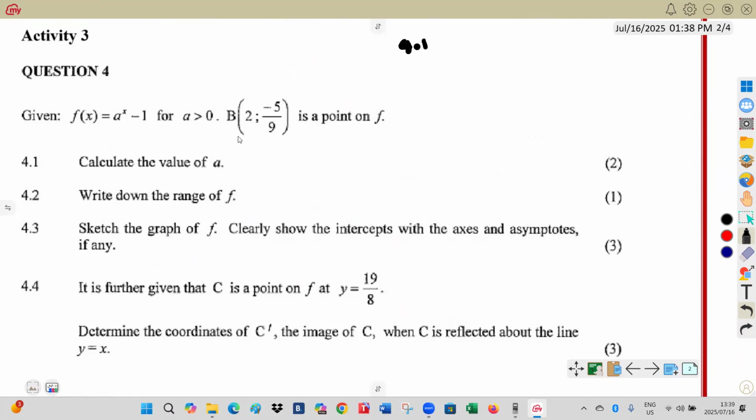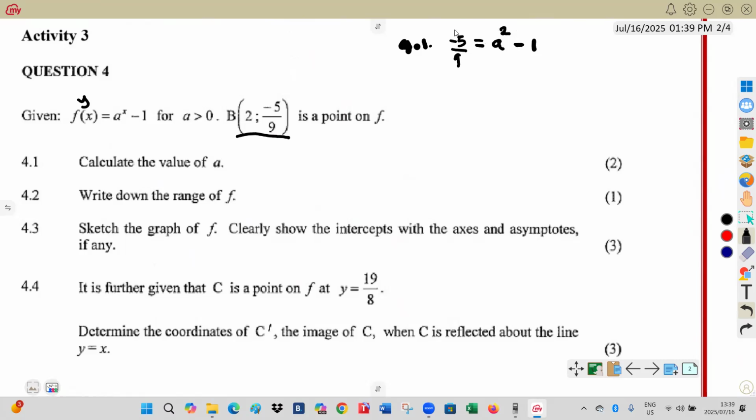You just have to substitute the coordinates of B in f, meaning this part is our y. So where there is y, we are going to substitute minus 5 over 9. So we put a negative 5 over 9 where there is y being equal to a, where there is x, we put 2, then minus 1.